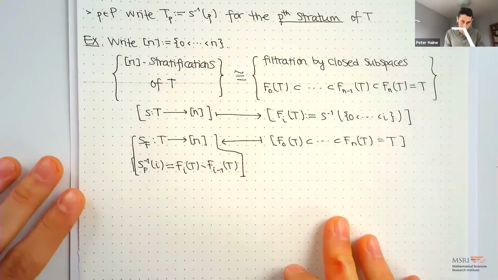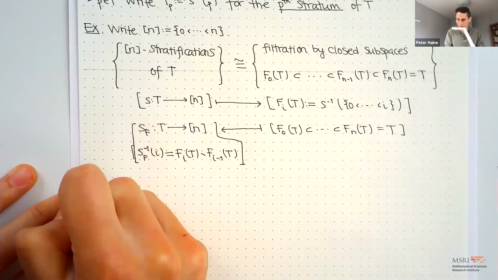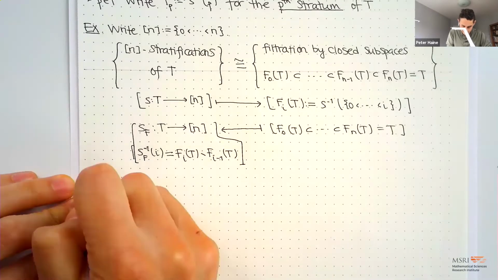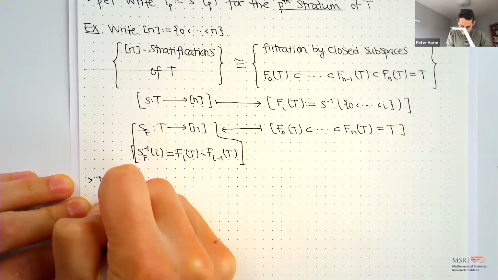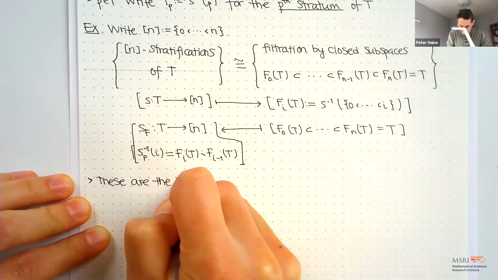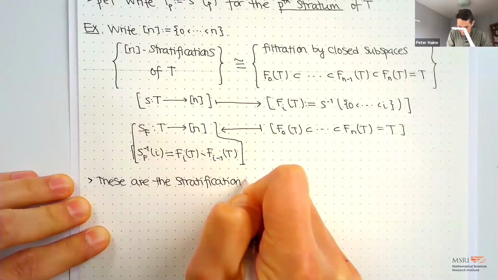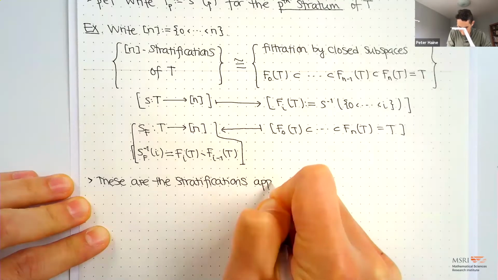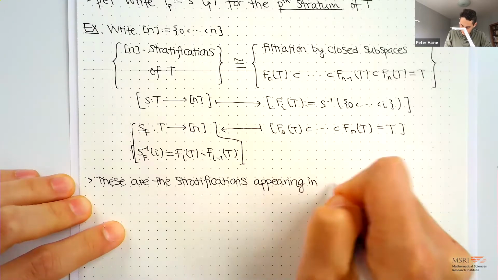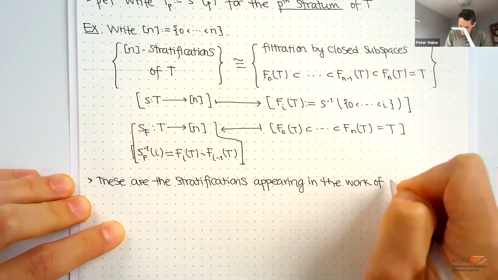And so the thing to remark, in case people have seen this before, and if you haven't, it's totally okay, we'll talk about this a bit later: these are the types of stratifications appearing in the work of Goresky-MacPherson.